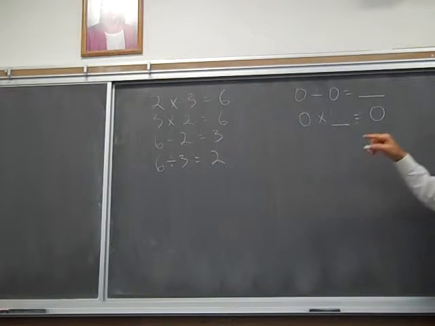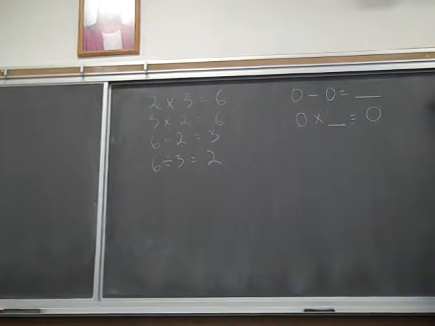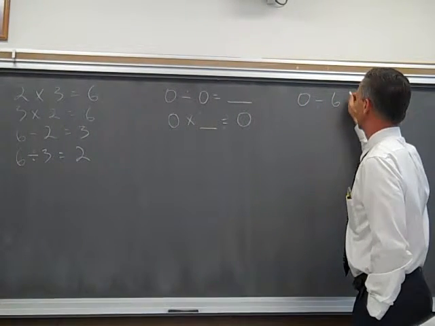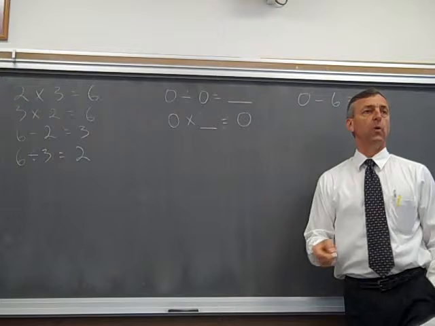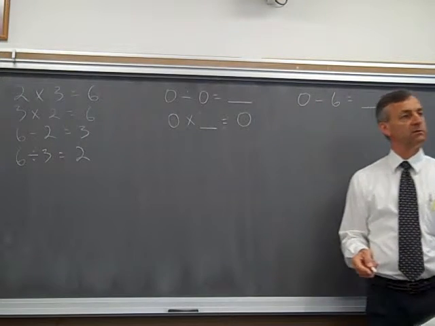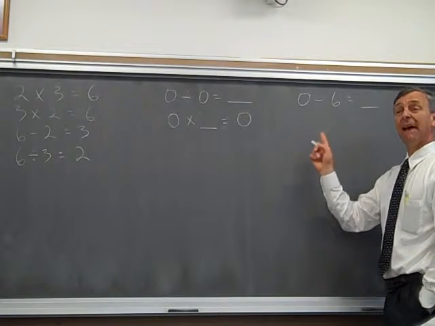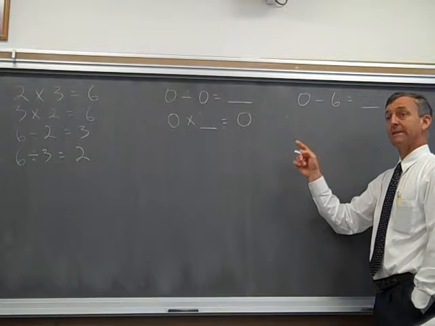The same thing is if you're doing 0 divided by 6 equals what? And you want to know, write the missing factor member of the fact family. What is it?